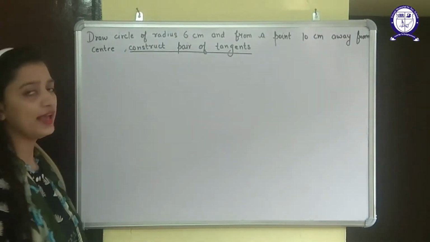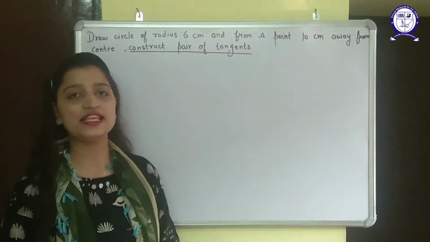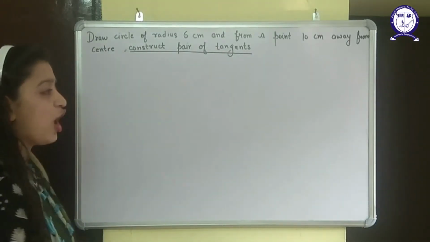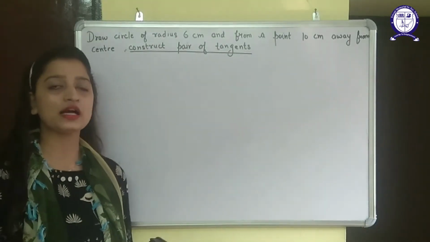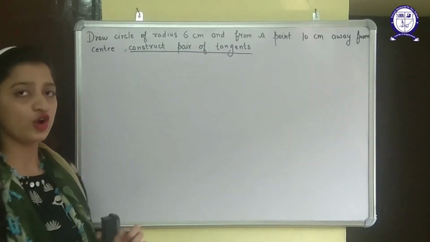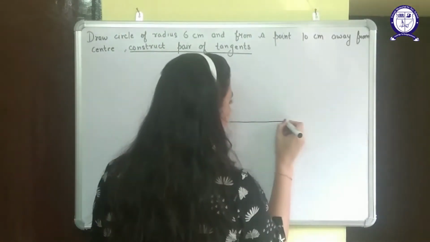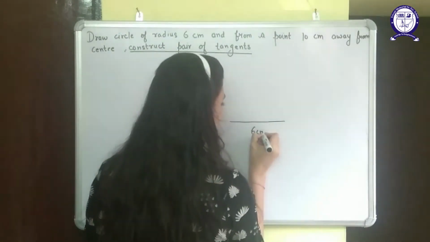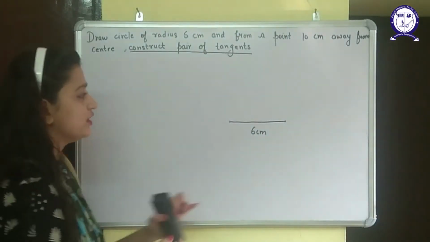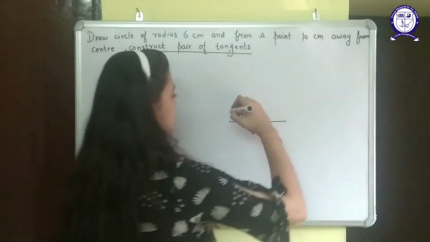So the first thing is to draw a circle of radius 6 cm. This is a very easy part. So how will you draw? You will open the compass up to 6 cm and draw a circle, or you can first draw a line of 6 cm and then, taking this point as a center and this radius, you can draw a circle.